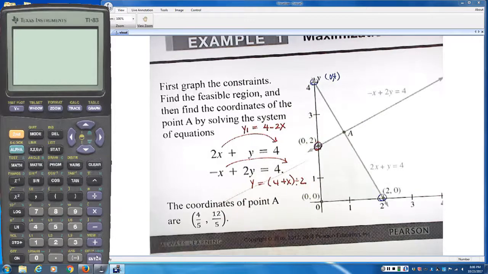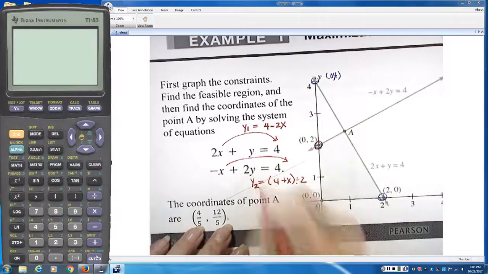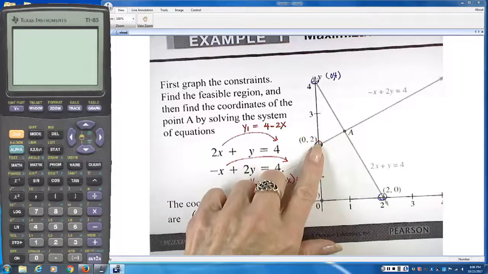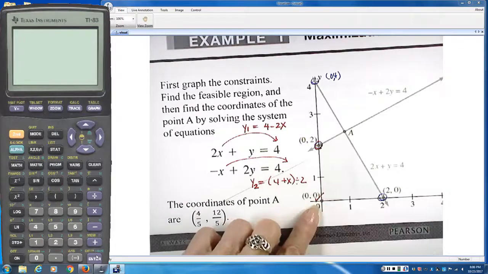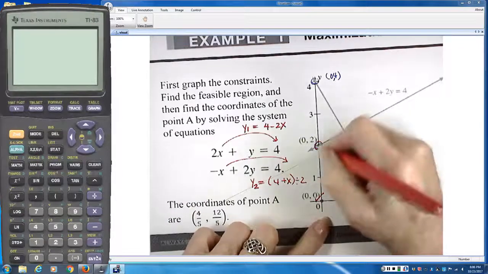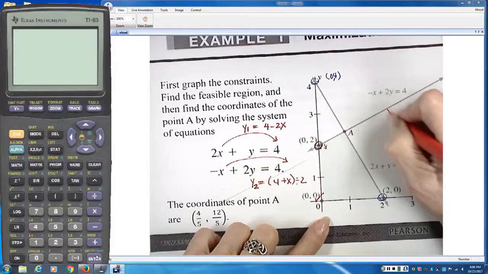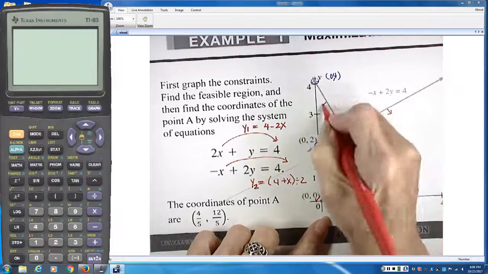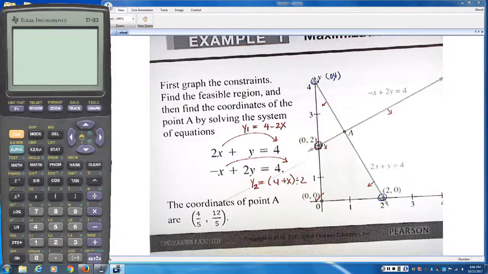So you could graph those on your calculator if you wanted to. But since 0, 0 satisfies both of them, we're going to shade towards 0, and then we've got the feasible region.